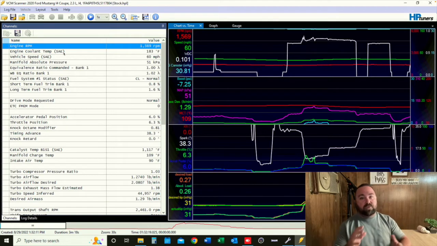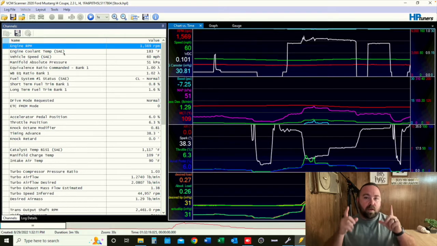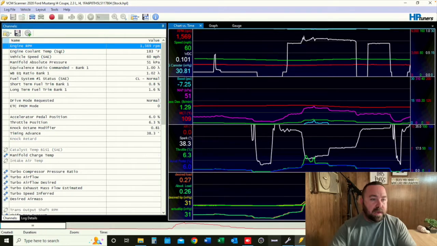Today what we're going to go through is how to data log with the scanner, what channels I have so far deemed appropriate, and how to look at this data and find out where it goes inside of the tuned file that we wish to tweak for more power than the factory gave us.